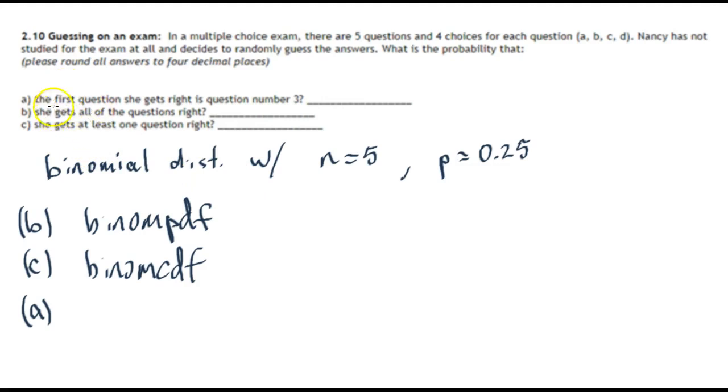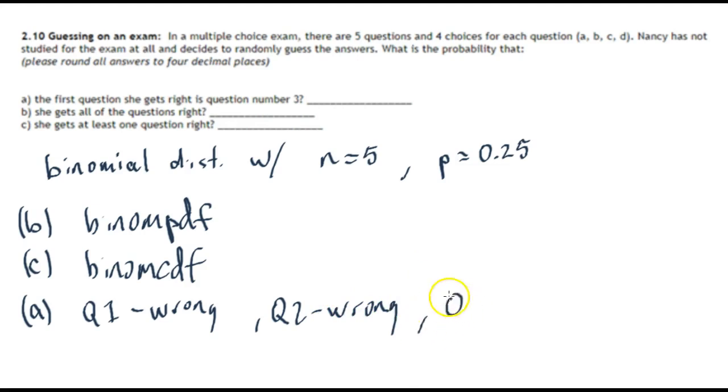So we want to determine the first question she gets right is question number 3. So that tells you question 1 is wrong, and then question 2 is wrong, and then question 3 is correct. Let's just put a check mark. I don't want to write it out.